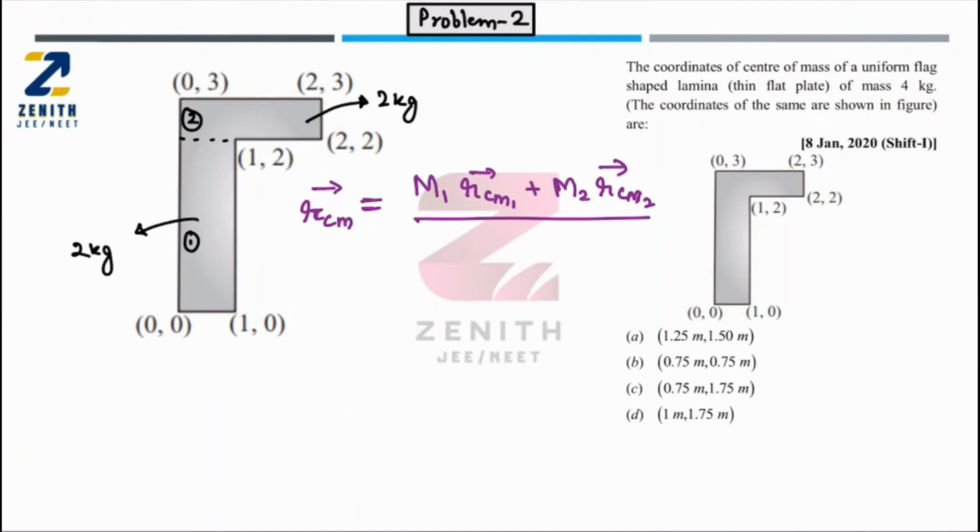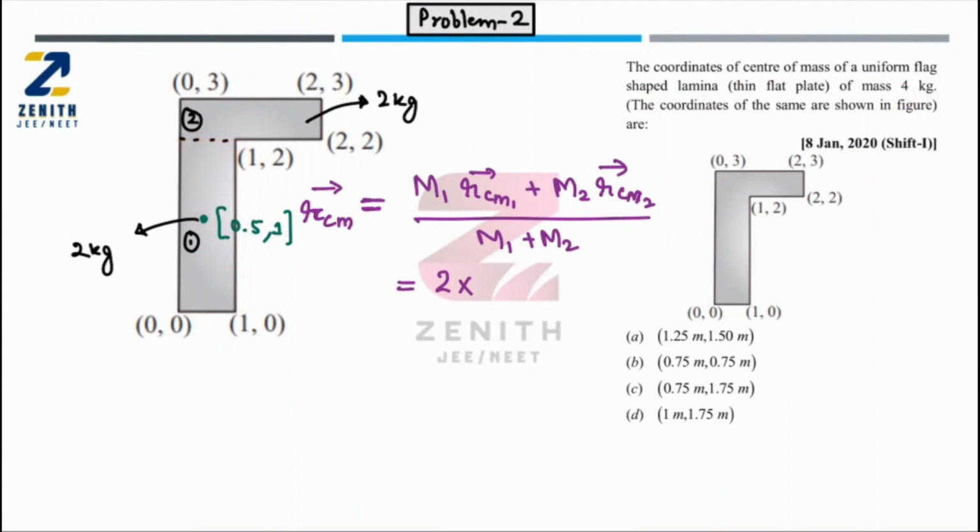I'm discussing this question in vector form. So M1 is 2 kg. What is RCM? That means, in terms of vector, what is the position of the center of mass? Can I say 0.5 and 1? Because this is 1, so 0.5 is the center. And this is 2, so the y coordinate is 1.